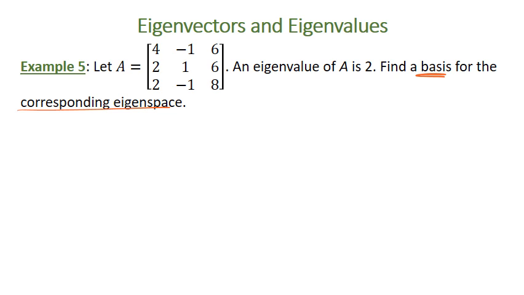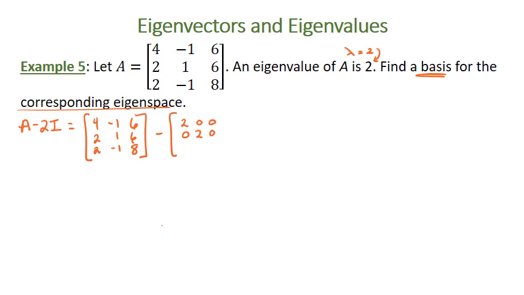Okay, so we are going to begin with A minus 2I, because lambda in our case here is 2. Okay, so A minus 2I. All right, here is A. And 2 times I gives us this matrix here. And when we subtract the corresponding entries, we get the following.